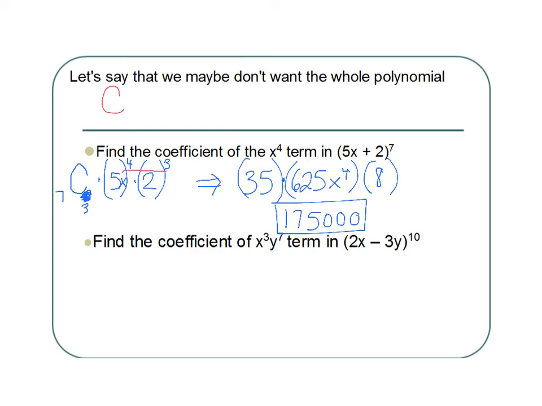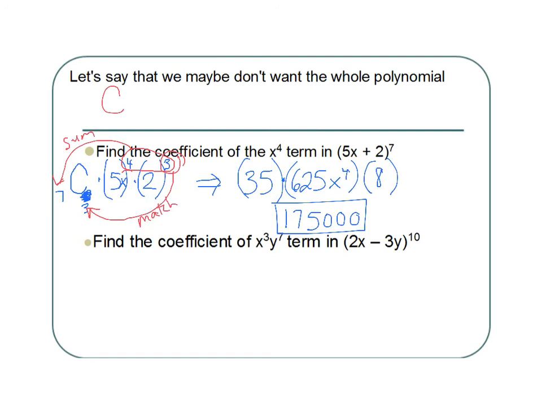I just need to remember that these two, so let's use this as our notes, those two have to add up to that. Their sum is going to be that power that we've got. And this one will always match that one. That's really all there is to it.